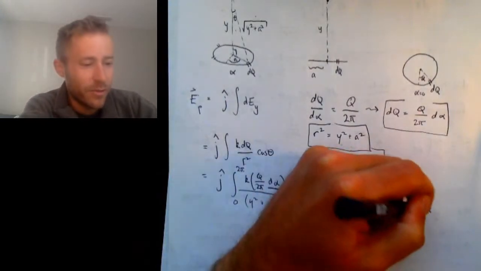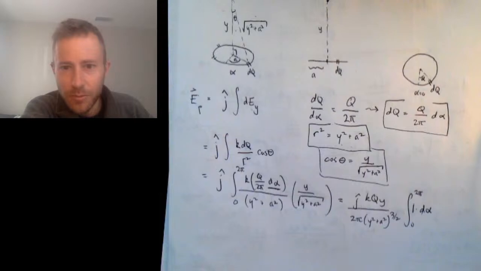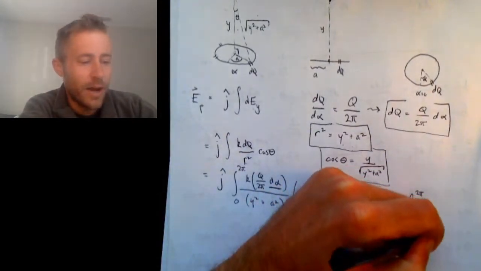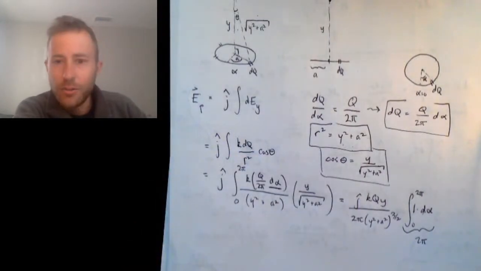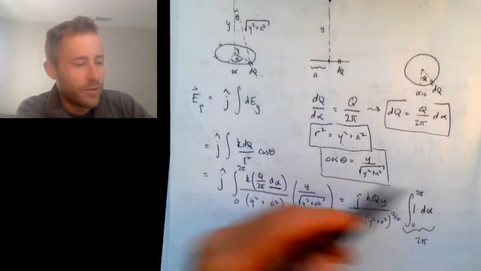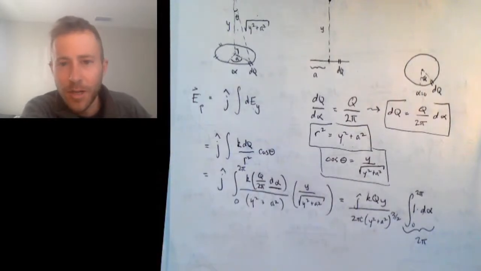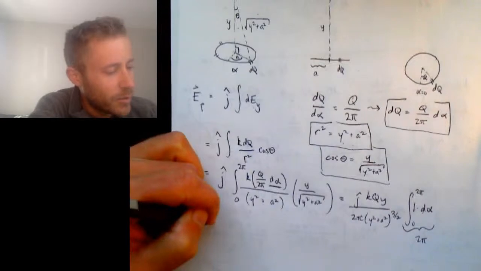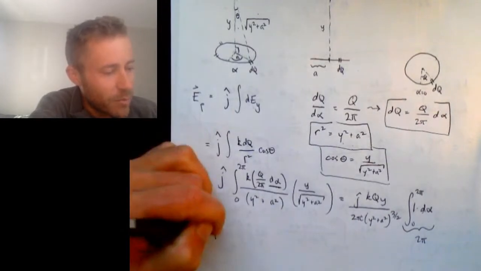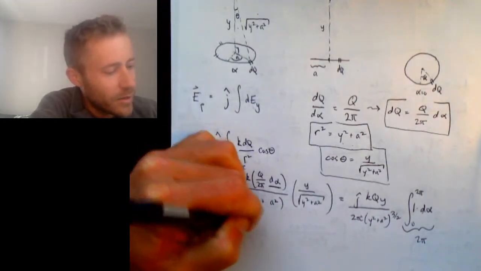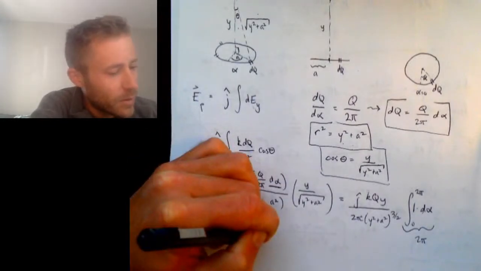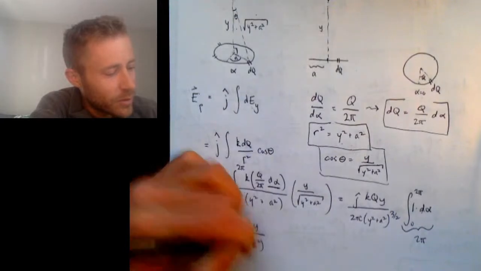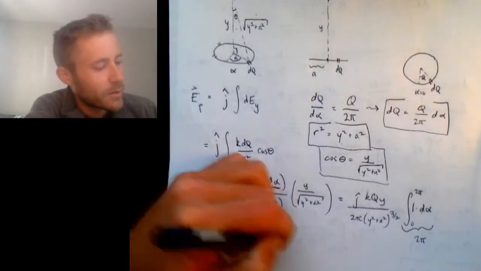You could think about it as the integral of 1 times d alpha from 0 to 2 pi. And the value of that integral is just 2 pi. So that 2 pi in the numerator cancels the 2 pi in the denominator. And we get that the electric field at point P is kqy over y squared plus a squared to the 3/2 times j hat.